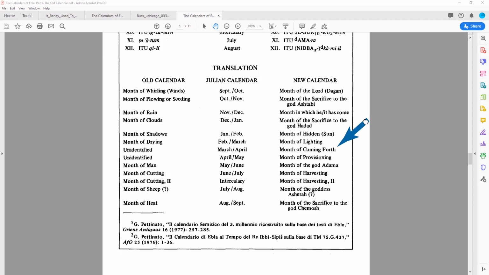Now, what is interesting is that Shea points out that, like the Greeks, the Eblaites numbered their months from the fall. So the first month of the year would be the month of whirling winds in September and October. And we come down 1, 2, 3, 4, 5, 6, 7. The seventh month would be March, April, or the month of coming forth.